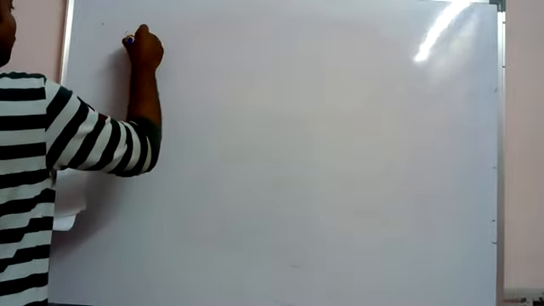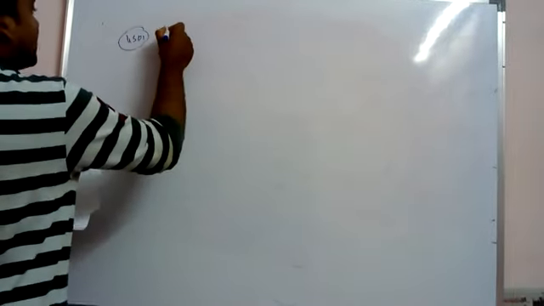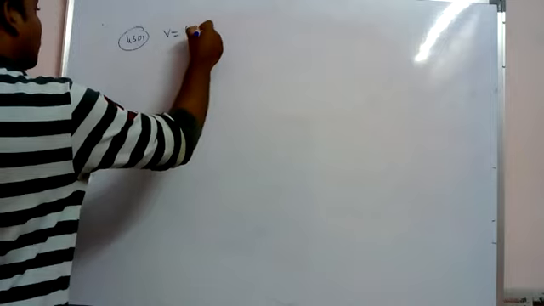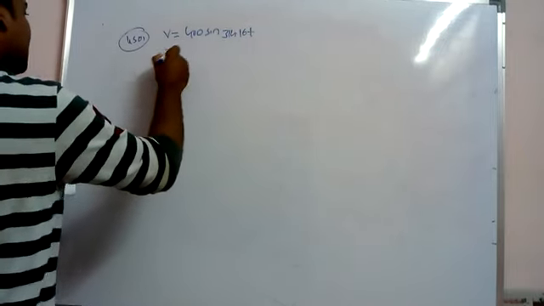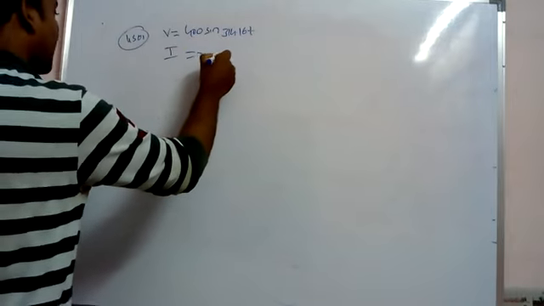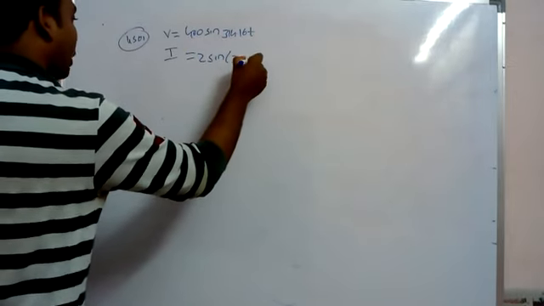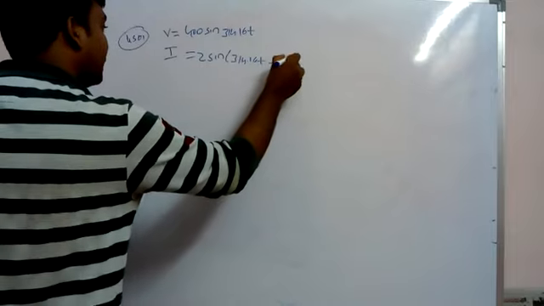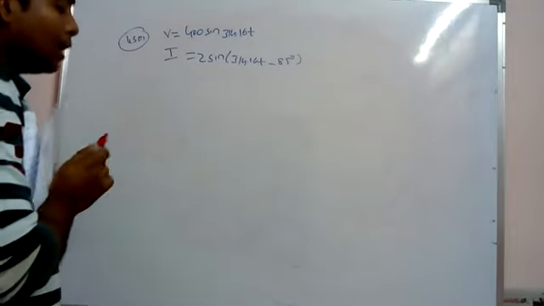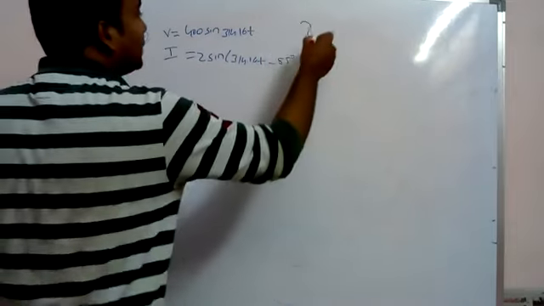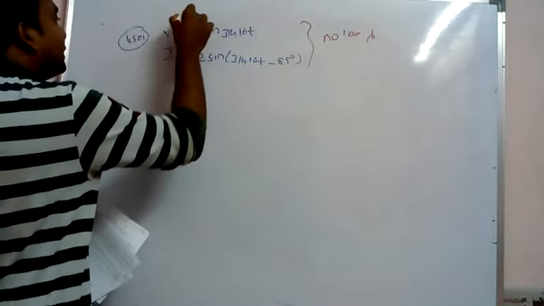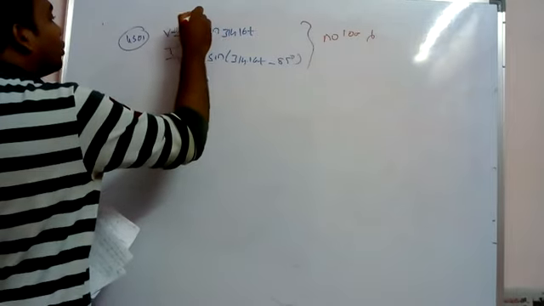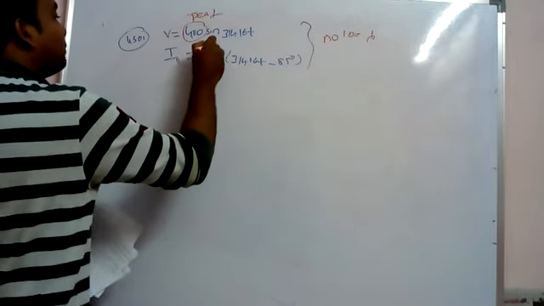Take the fourth question. He has given the voltage as 400 sin 314.16 t, whereas the current is given as 2 sin (314.16 t minus 85 degrees). Now we want to find the magnetizing branch. This is the peak value and 2 is also a peak value.